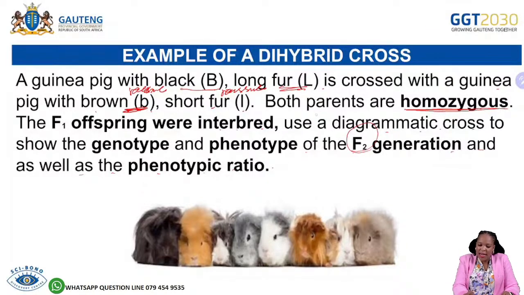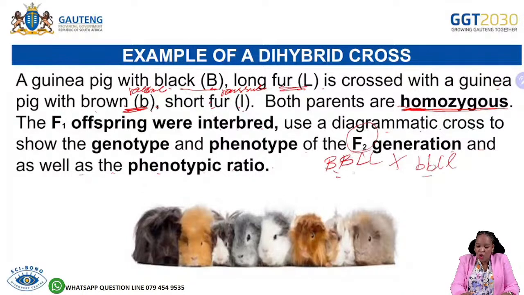Now, when they say both parents are homozygous, what does that mean? It means that for black fur, you're going to have BB, long fur, LL, you cross it with what? Brown, small letter b, with short fur, small letter l. Right, like this.